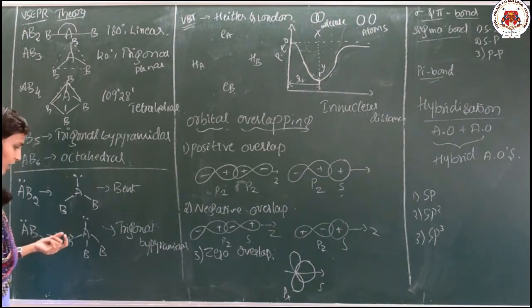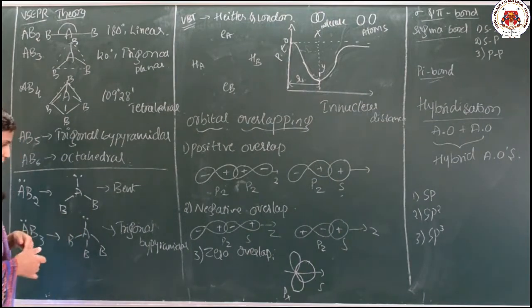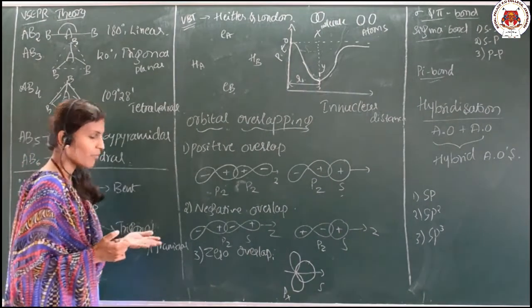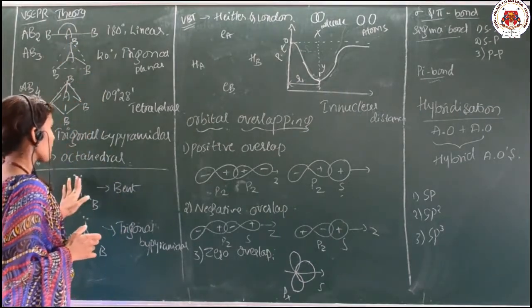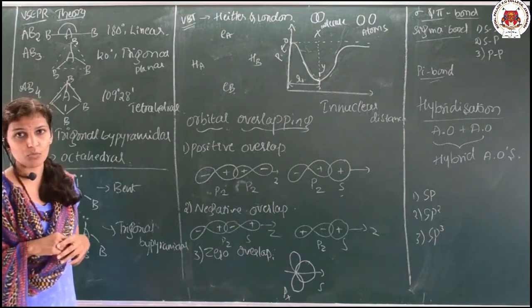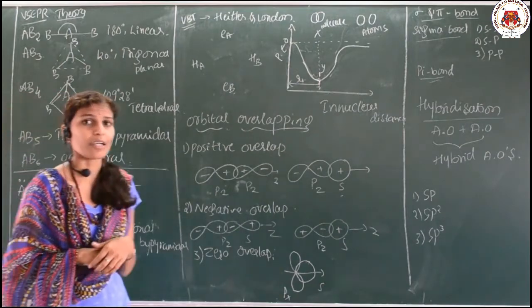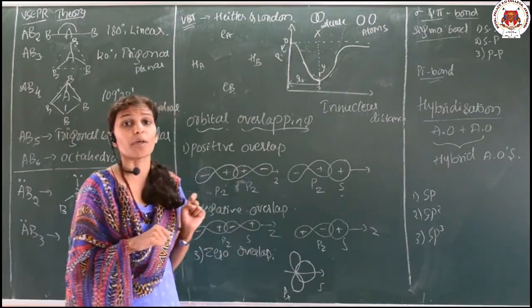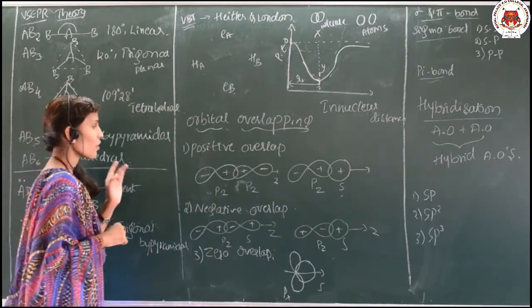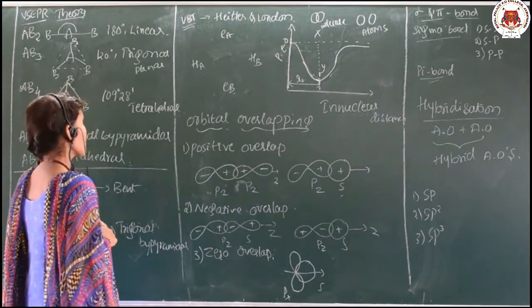If it is an AB3 type of molecule carrying a lone pair of electrons, it has a trigonal bipyramidal shape. Okay. So on the basis of the VSEPR theory we can predict the geometry of a molecule where the central atom may or may not carry a lone pair of electrons. Okay. So this is how we can explain the VSEPR theory.